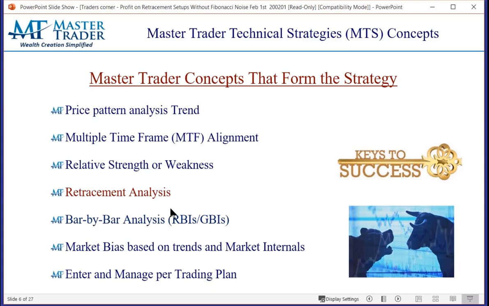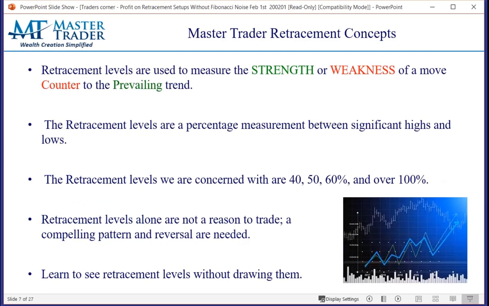Bar by bar analysis, are red bars being ignored or green bars being ignored? And then what's the market bias? I'm going to use that to also help determine not only the entry of my trades, but the management of them. And we mentioned once we're in a trade, we're simply in management mode. That's it. It's another bus coming by. It's another trade. These are our general concepts.